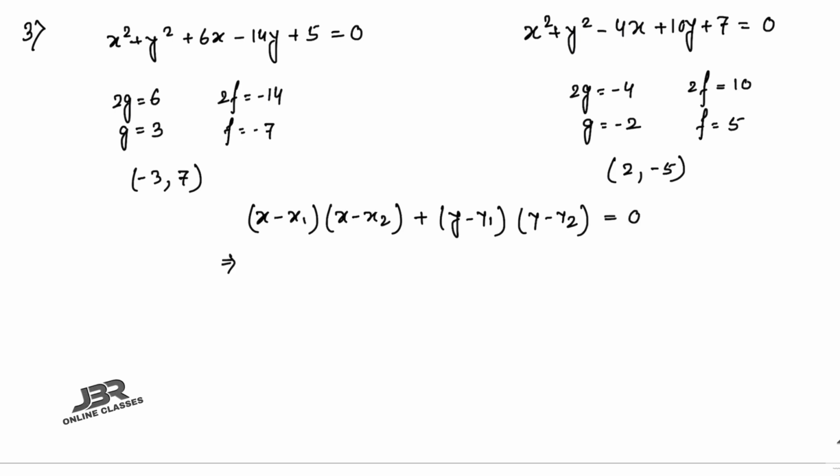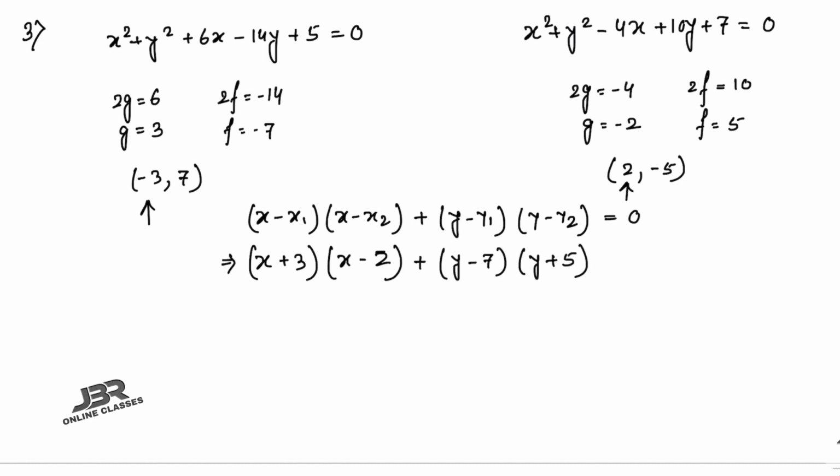Now put down the values. x1 is minus 3, so x plus 3, then x minus 2, because x2 is 2, plus y minus 7, and y plus 5, equals 0. Now simplify this equation and you will get your answer: x square plus y square plus x minus 2y minus 41 equals 0.